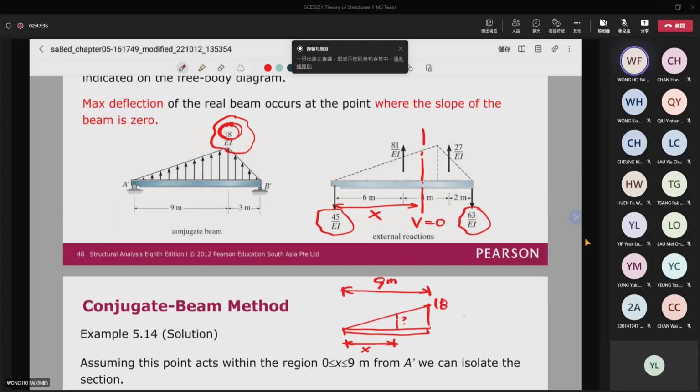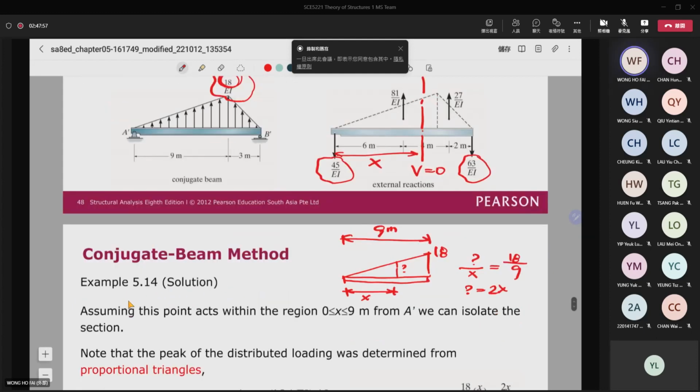Then from here, how can you get that? Actually, it is simple. You just use this question mark over x, then it is equal to 18 divided by 9. Then the question mark is equal to 2x.